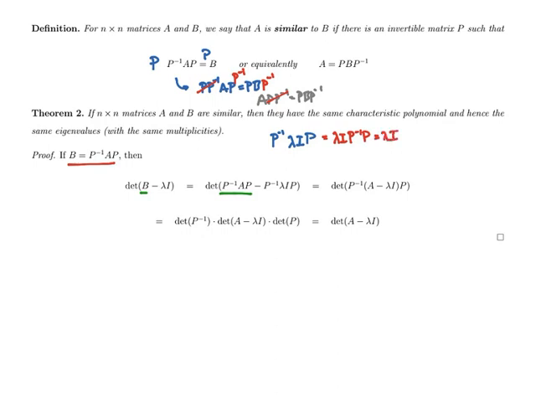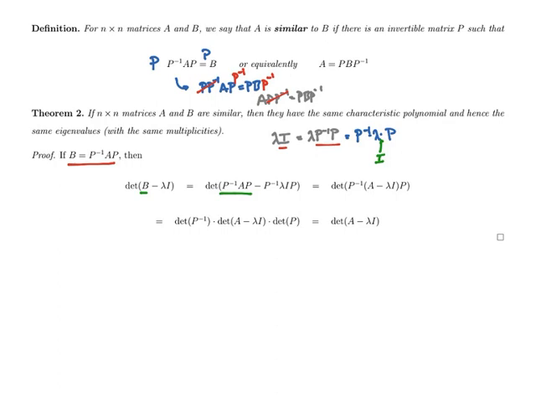Remember, you can multiply anything by I. Another way to think about this is, if I start with lambda I, I can rewrite I as P inverse P. And then, since I can multiply by I anywhere, or I can bring the lambda in front, I can write this as P inverse lambda times P, but I'm going to put an I in there instead.